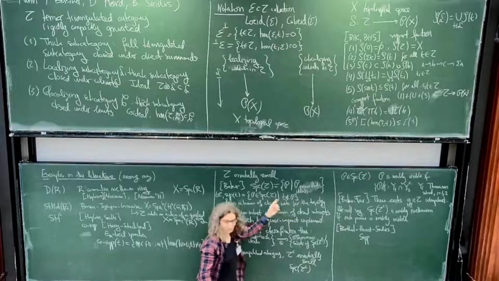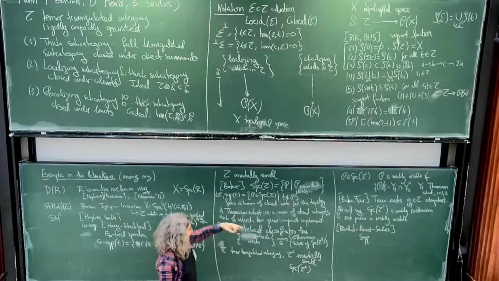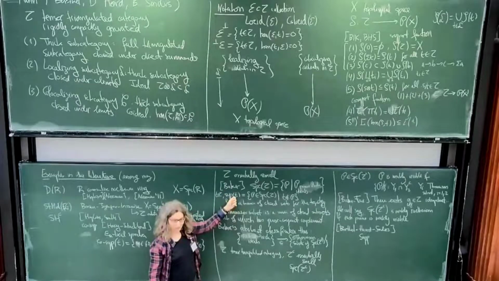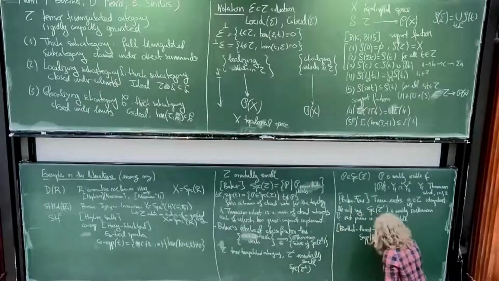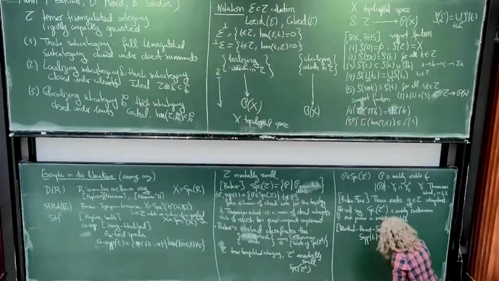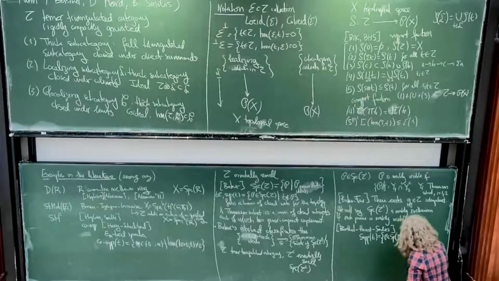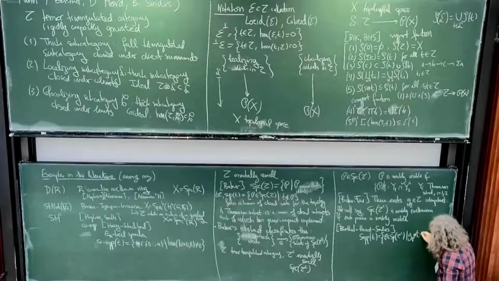And then using these idempotents, you get a notion of support for the rest of objects. These are going to be those primes such that this is not zero.